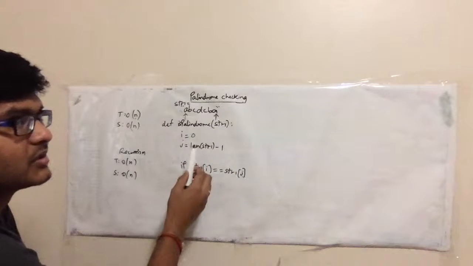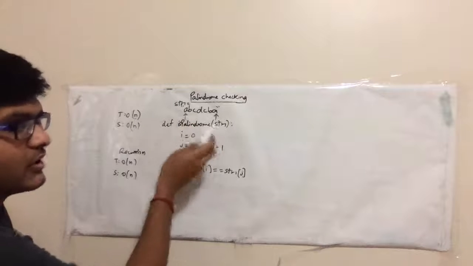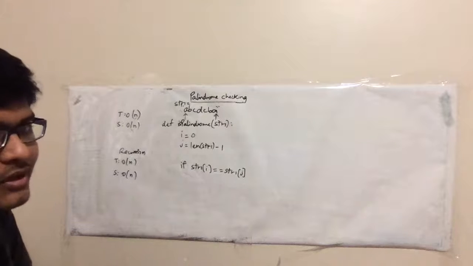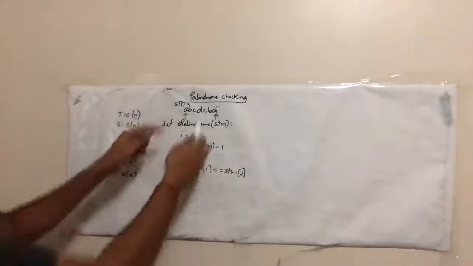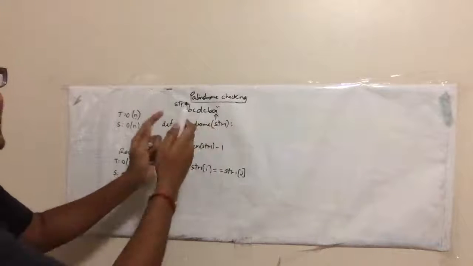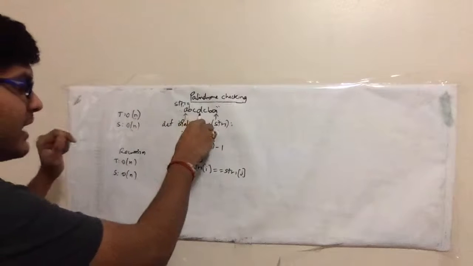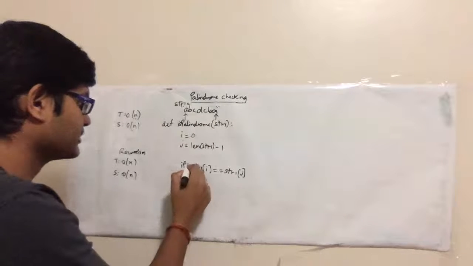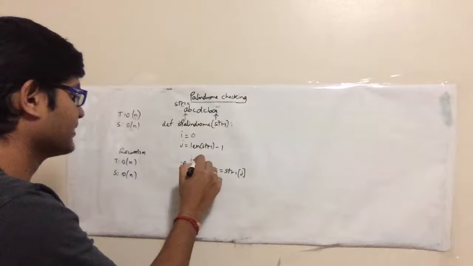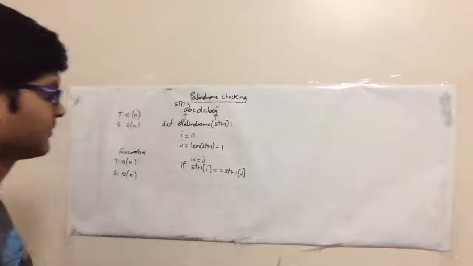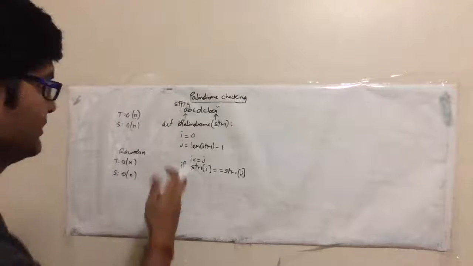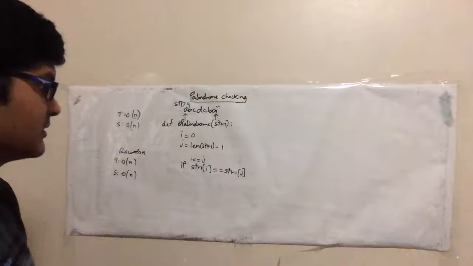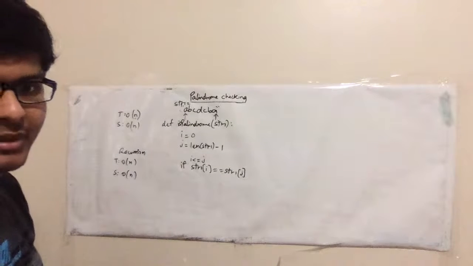So at some point, if the string has odd length, i and j will be equal, provided all the characters up to here became equal, and finally i and j become equal here. Okay, so in that case we need to add one more check, that is i less than or equal to j. So this makes sure that the first index is always less than or equal to the index coming from the back.